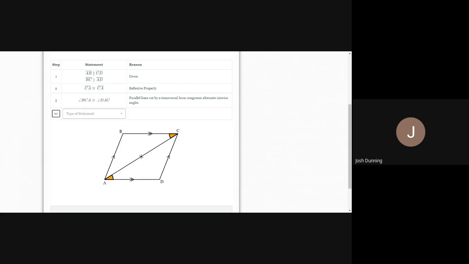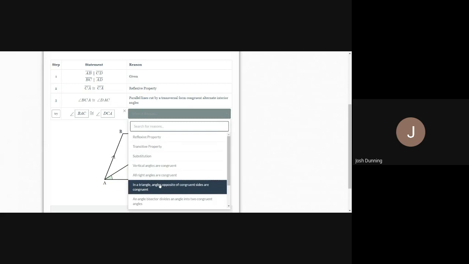In the orange there, they're in between the top and bottom parallel lines, and they're on alternating sides of that diagonal. Now that means also that BAC and BCA, they're also on opposing sides of the diagonal there.